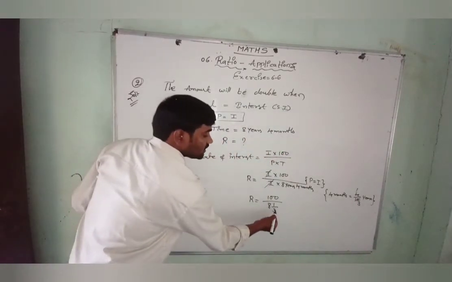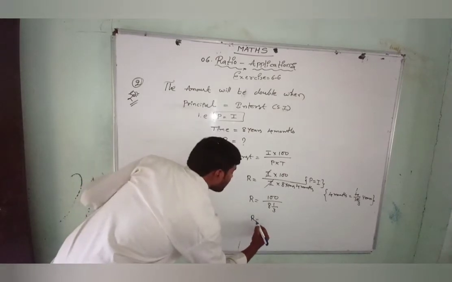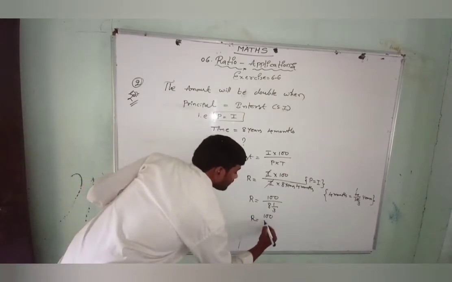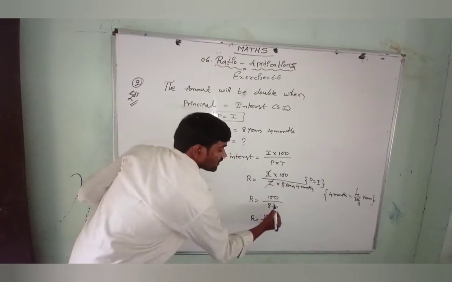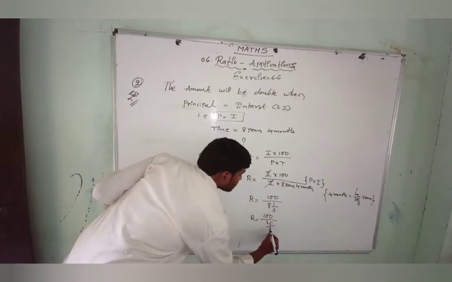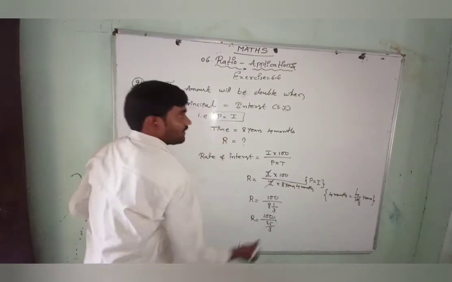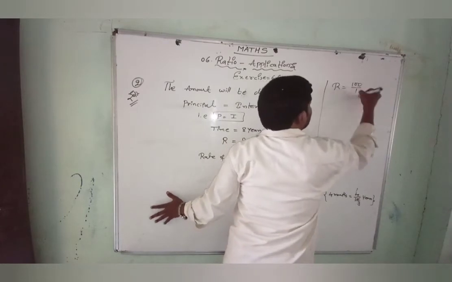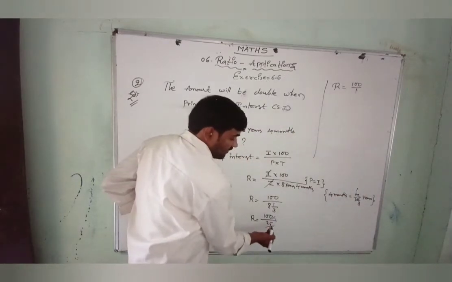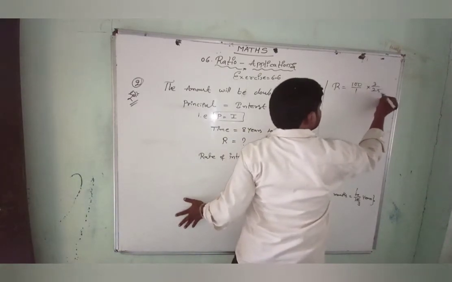Now this 8 whole 1 by 3 you change into the form of an improper fraction. 3 8s are 24 plus 1, 25 by 3. So this 100 is nothing but 100 by 1. We know when fraction by fraction comes, the first fraction, numerator 100 by 1, we write the same, and we take the reciprocal of the second fraction.